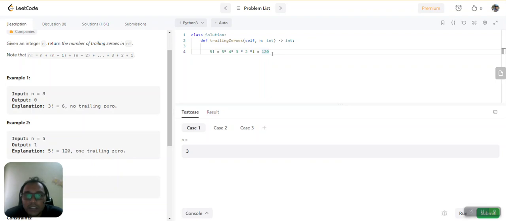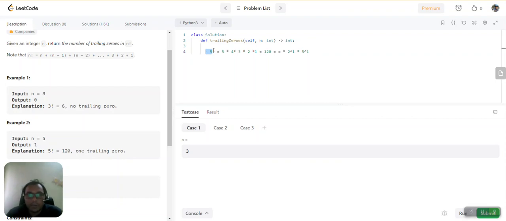Since the trailing zero comes from a 10, and 10 is a multiplication of 5 and 2, all the 2's and 5's contribute towards this zero. Another way is to write the number as x into 2 power 1 into 5 power 1, then we can determine how many 2's and 5's are there in the factorial of the given number.